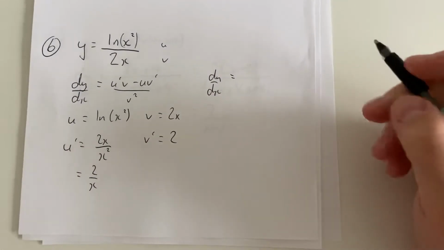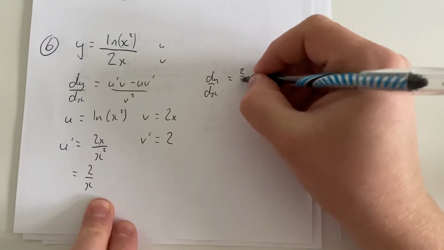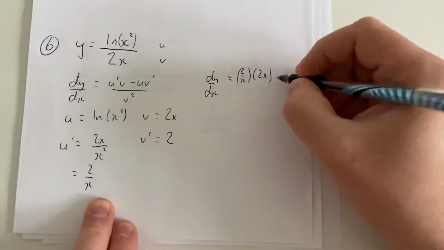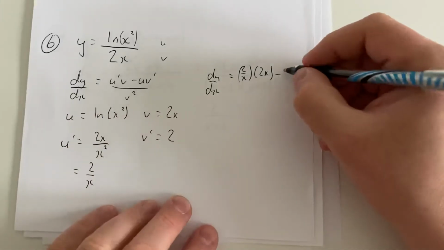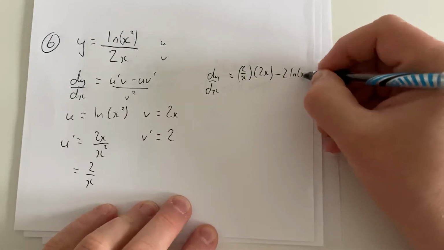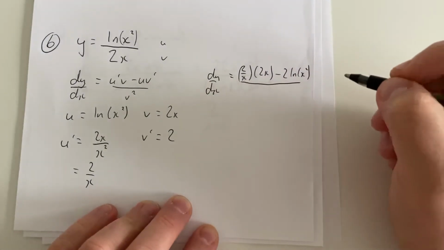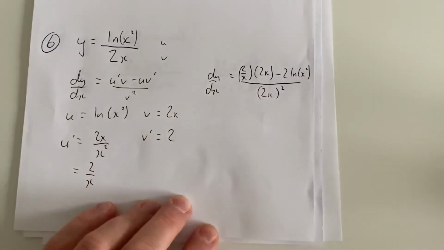So dy by dx would be u dash, which is 2 over x, times by v, which is 2x, minus uv dash, so it's these two times together, 2 log x squared, all over v squared, so over 2x all squared.